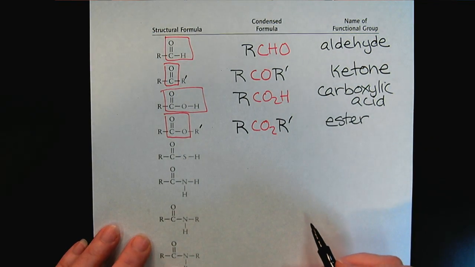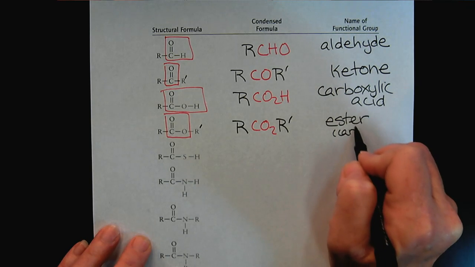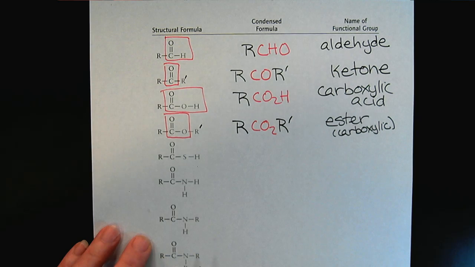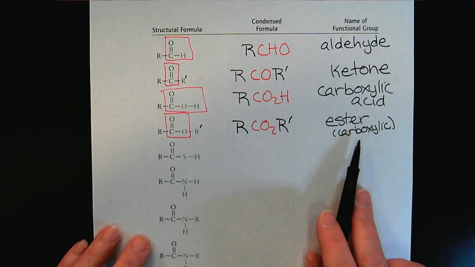Sometimes, if you want to be really detailed, we would say that this is a carboxylic ester. Especially when we get into biochemistry, there's also thioesters and phosphate esters, which are described in a separate video tutorial. So there are several flavors of esters.